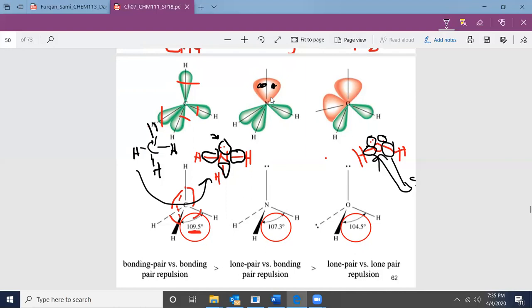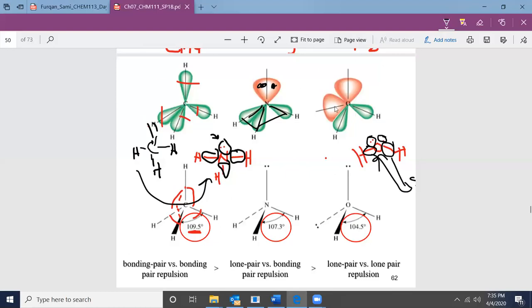It's pretty unstable compared to a shared group of electrons that we show as a line here. So it gives more push to these three bonds, and that's why these three bonds are going downwards, and the object looks like a pyramid. That's called trigonal pyramidal geometry.